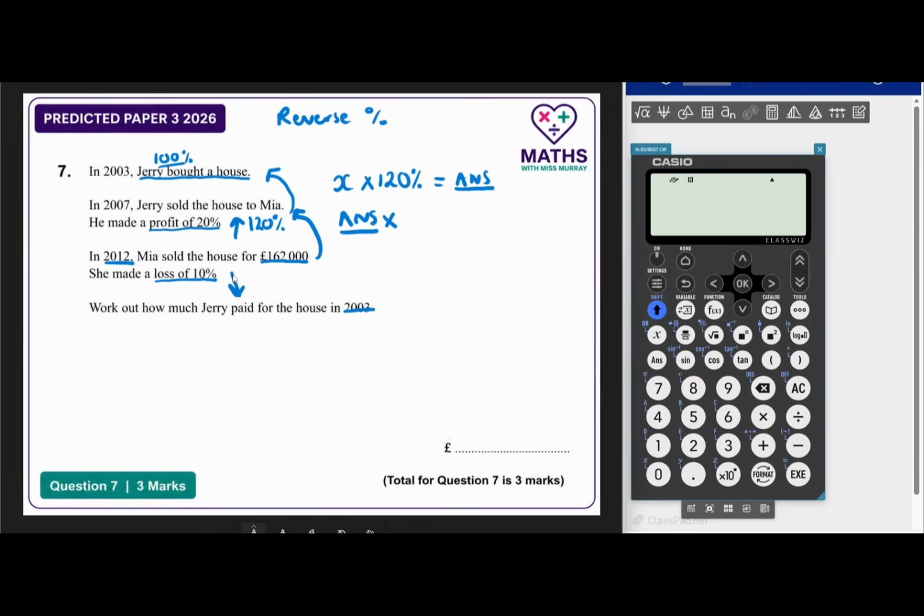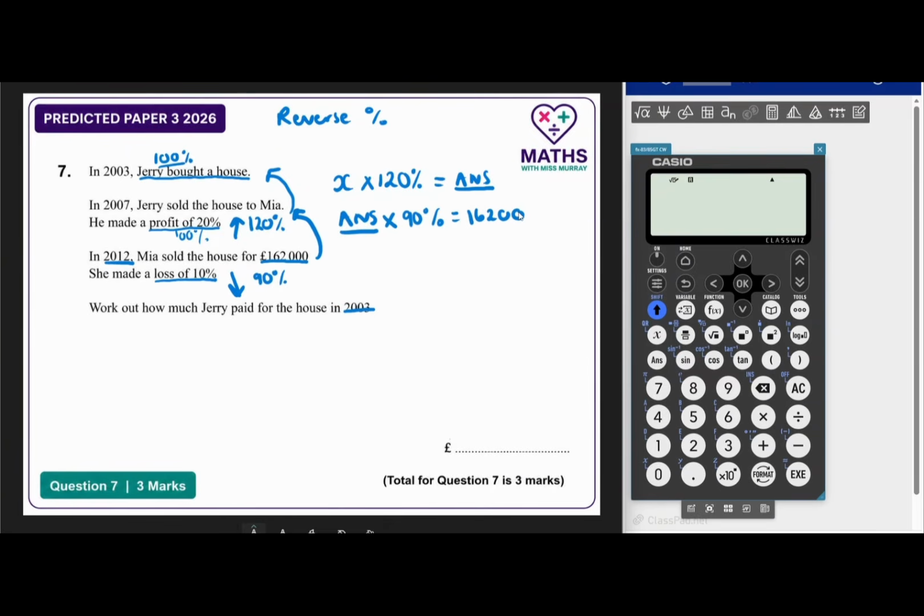So whatever this value was here, if this is now my 100% value, and it's gone down by 10%, 100% minus 10% is 90%. So whatever this value is, I want 90% of that. And that would have given me the 162,000 that I've ended up with. So when she sold it for 162,000, that was decreased by 10%, a loss of 10%.